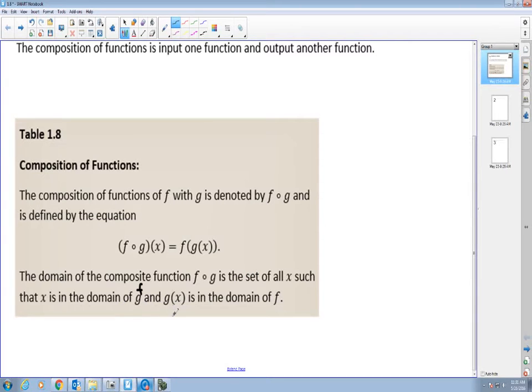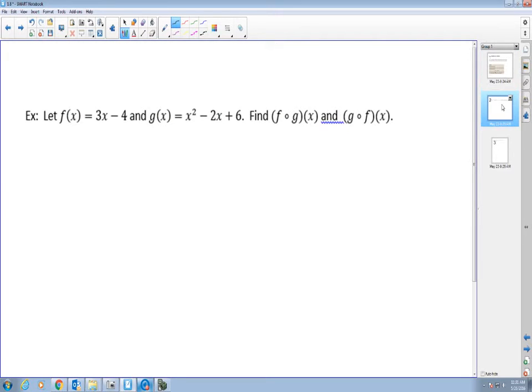Alright, let's try an example here. Show you how to take one function and substitute into another function. So let's say I have a linear function and a quadratic function. I want to find f of g of x.